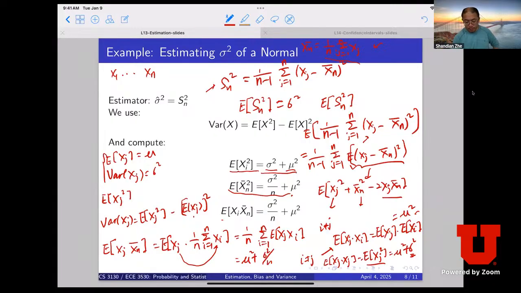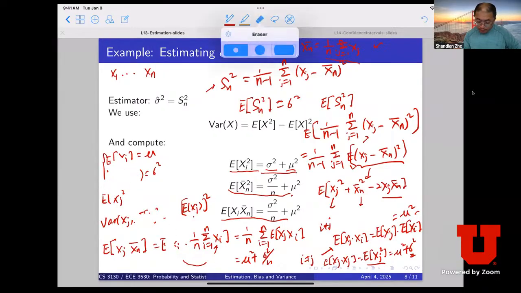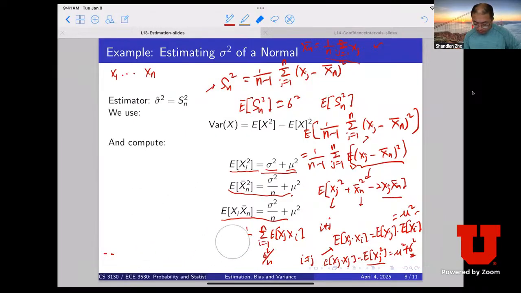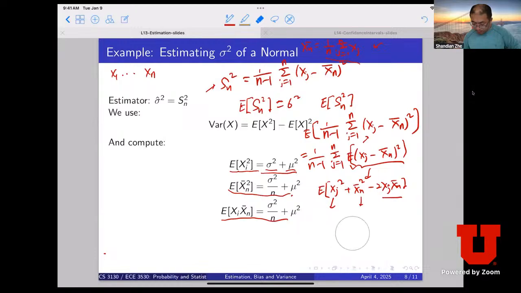That's what is listed here, right? Okay, so now we are able to compute the expectation of all the three terms, here, here, here.